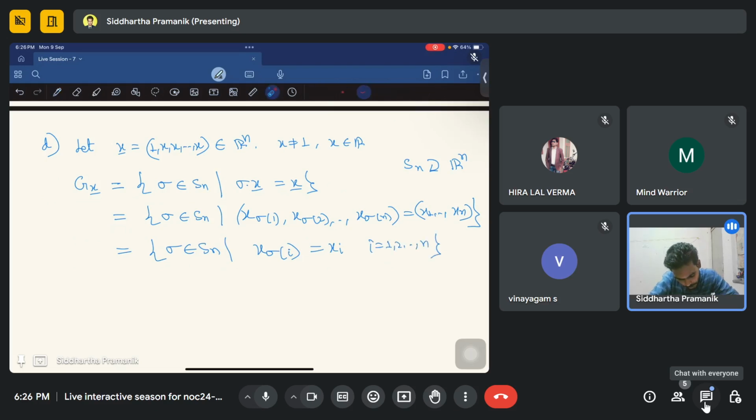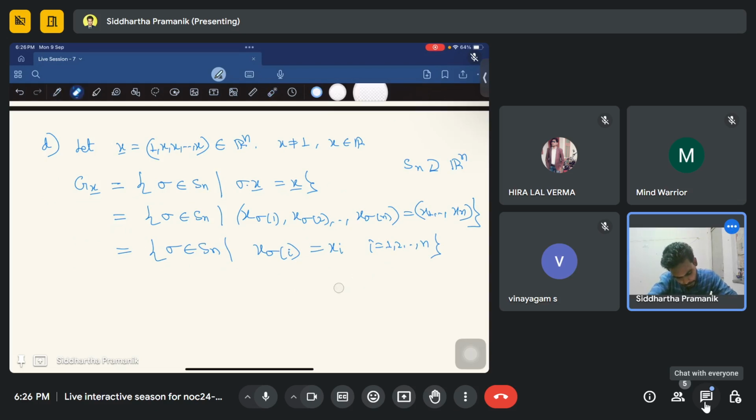Now for i equals 1, if sigma 1 is not equal to 1, then this 1 can be moved to any other coordinate, right? So then that sigma is not fixing our x, so it cannot be in the stabilizer.